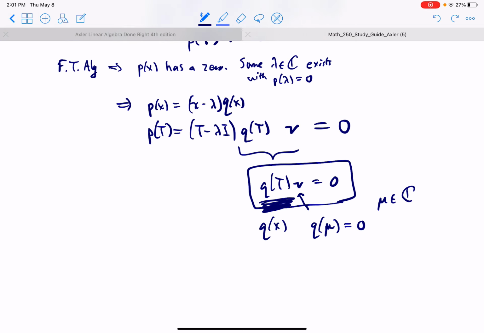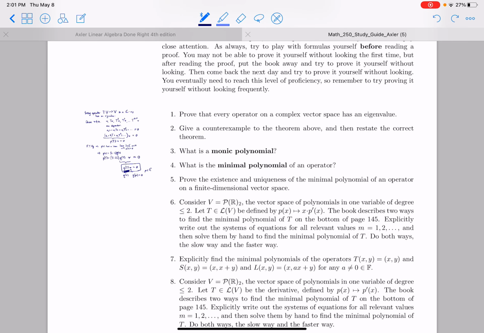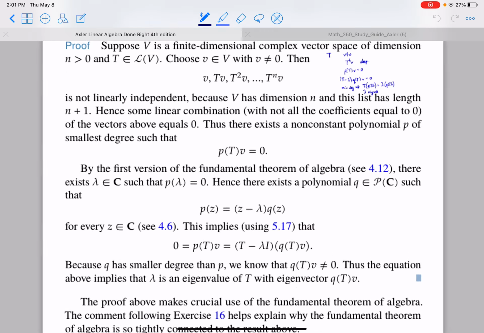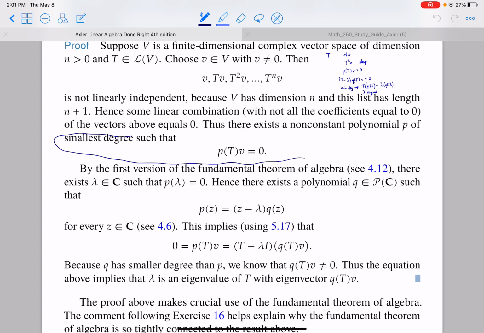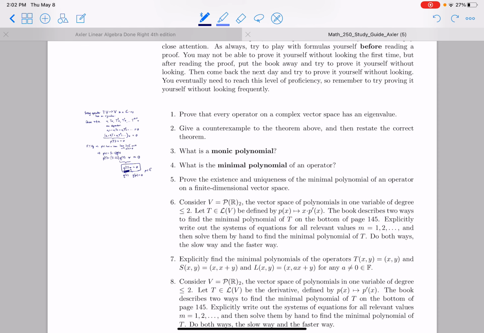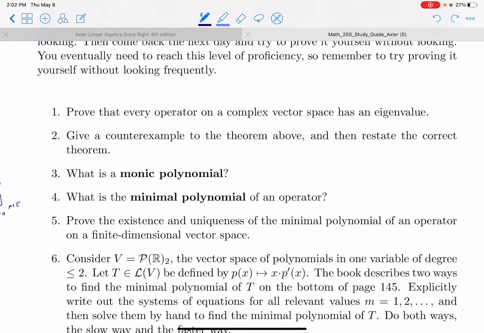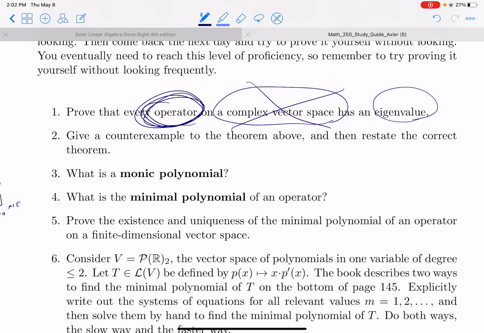So this is a non-zero vector, and hence it's an eigenvector with eigenvalue lambda. Your book just says there exists a polynomial of smallest degree such that p of T v is 0. And that's the idea. So that's why every operator on a complex vector space has an eigenvalue. A complex vector space doesn't have eigenvalues; operators have eigenvalues.